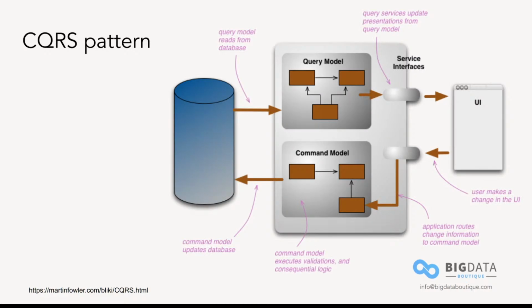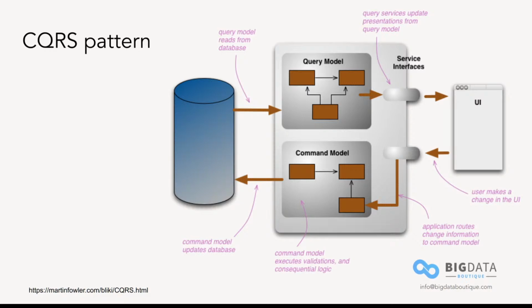Well, another different pattern is CQRS. CQRS is an evolution of this pattern. Basically, we separate our database into two different layers: the command model and the query model. When we receive information from our web application or whatever, we route that information through the command model.